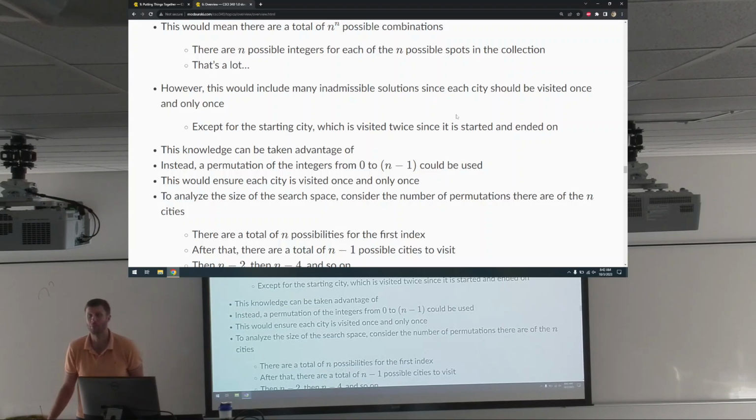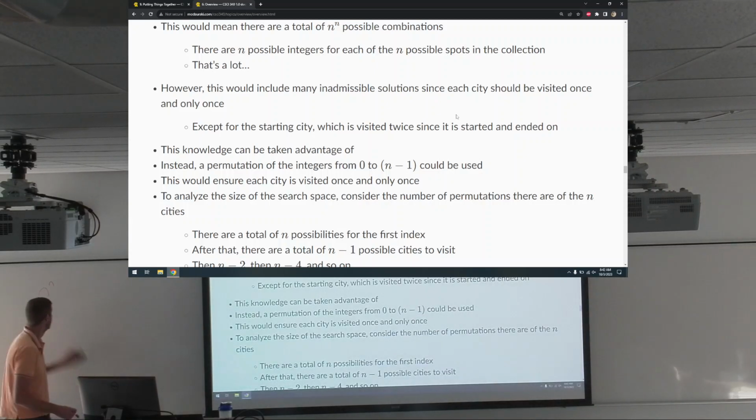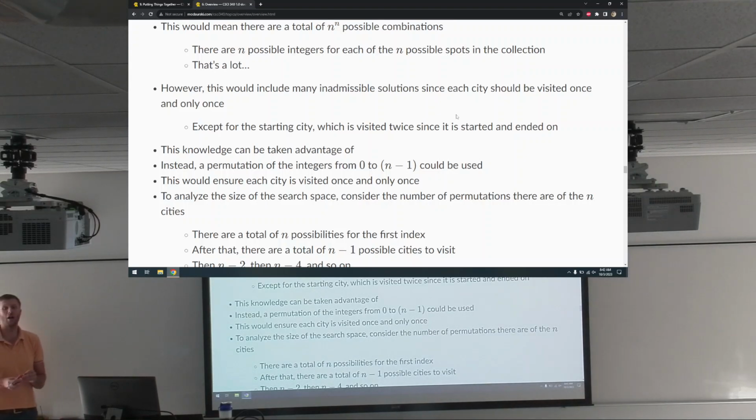How many possible permutations are there of the numbers 0 to n minus 1? N factorial. And the reason it's n factorial, well, let's just think about this. We're starting, how many cities do we have to pick from? N. So we've used one, though.